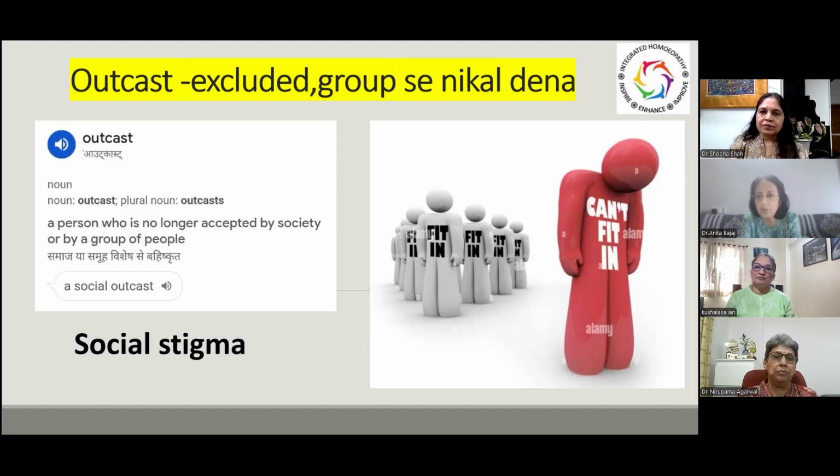So we will try to understand these terms which come very close. See, outcast is excluded, group से निकाल देना.